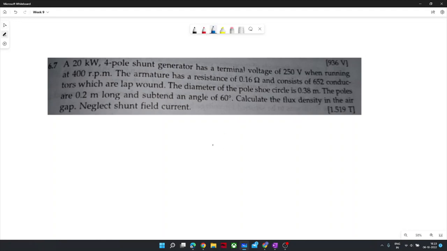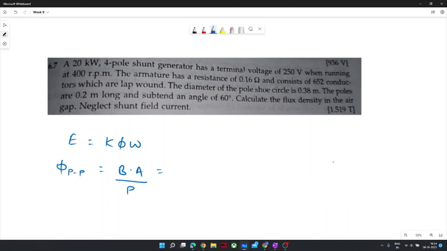So we all know that EMF is equal to K phi omega, and this flux is flux per pole, right? And flux is equal to B dot ds, or average air gap flux density into area, and this flux per pole we can write in this manner.